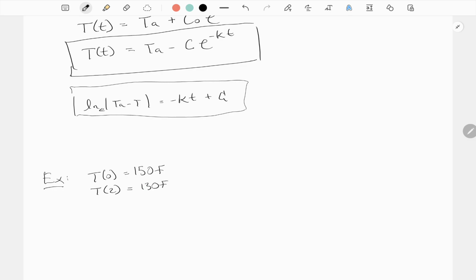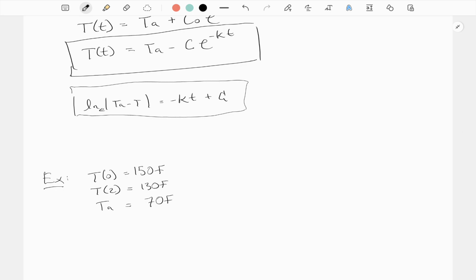They tell you that the ambient temperature is 70 Fahrenheit. Now, all of these are enough to solve for Ta, k, and c. So we've got 3 data points, 3 unknowns, we can solve this.